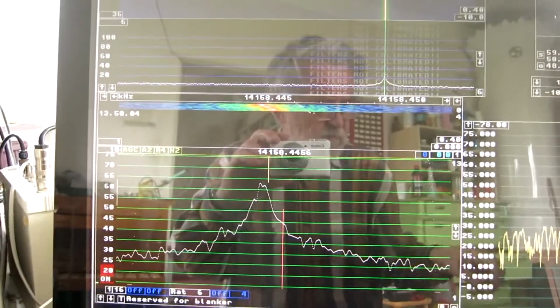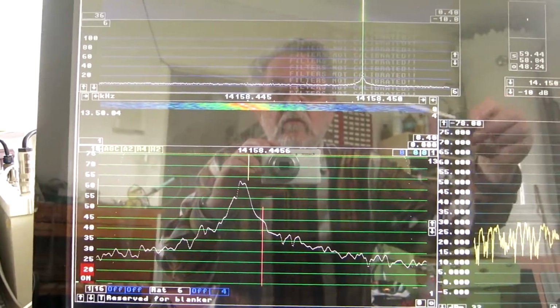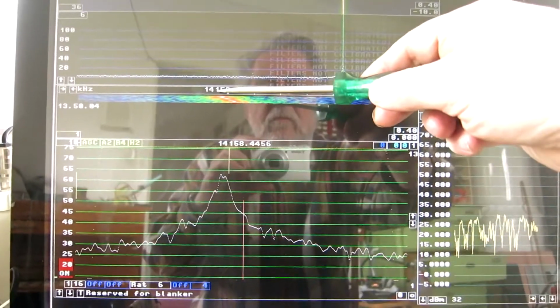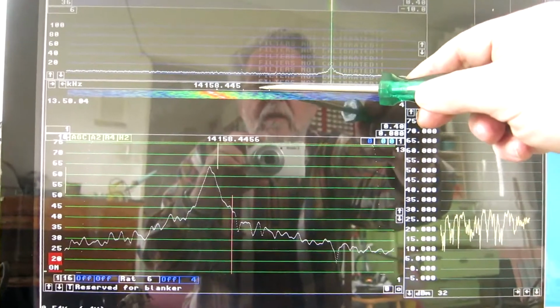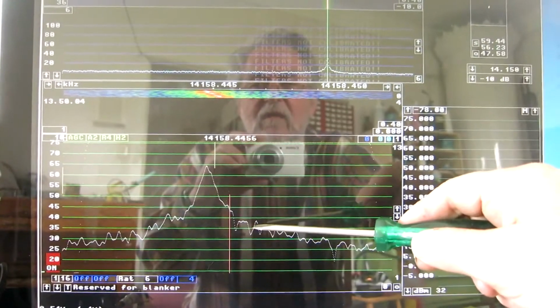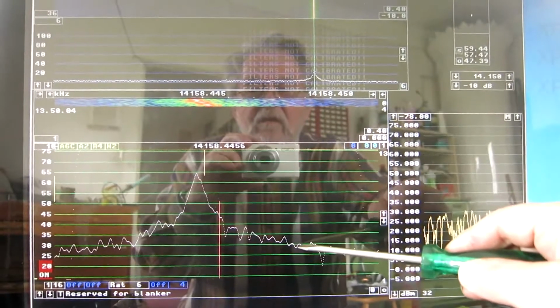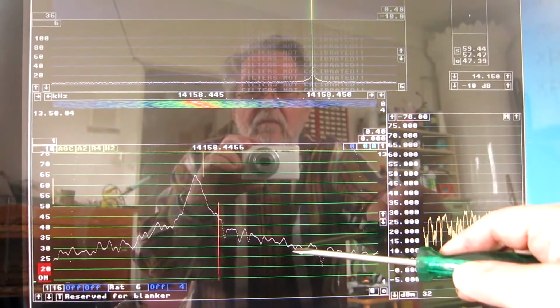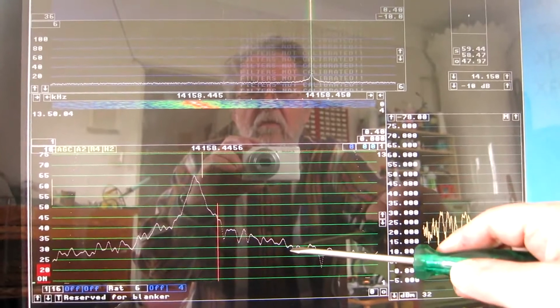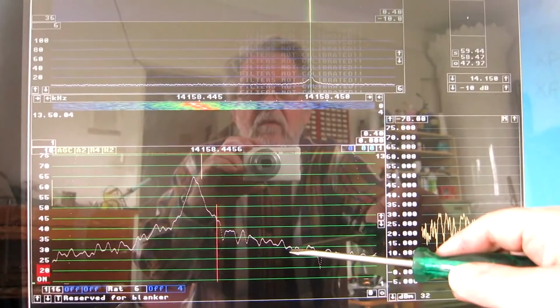Now I can compare the noise 2 Hertz away. It's about from here to here. We have 35. And 4 Hertz away, that's here. And we have, what can it be? 27.